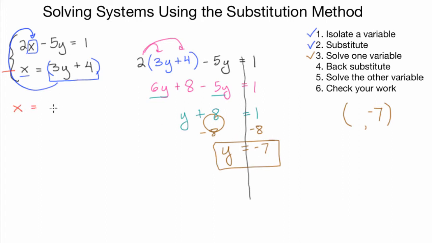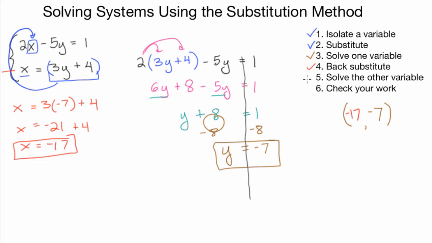I know y is negative 7, so let's put negative 7 in for y. 3 times negative 7 plus 4. 3 times negative 7 is negative 21 plus 4. And it looks like x equals negative 21 plus 4, which is negative 17. All right. So that's the intersection point. If I graphed these two lines, they would intersect at negative 17 and negative 7.